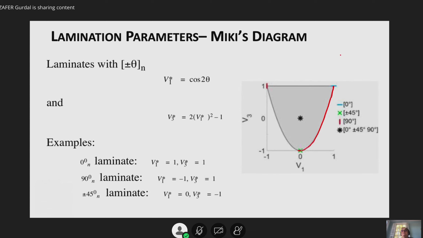When I reach 45-degree ply orientation, plus minus 45, I reach this point. And then when I continue increasing plus minus theta, I actually, without wiggling, reach this point where this is 90-degree plies, plus minus 90. And this is plus minus 0. And this point is plus minus 45.